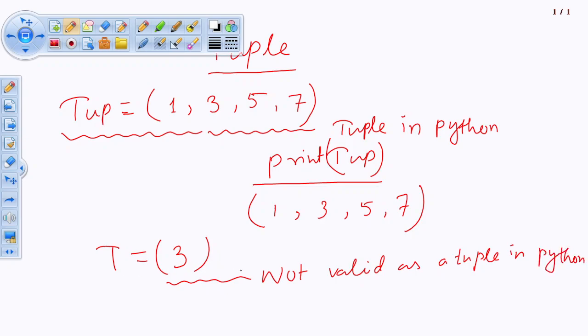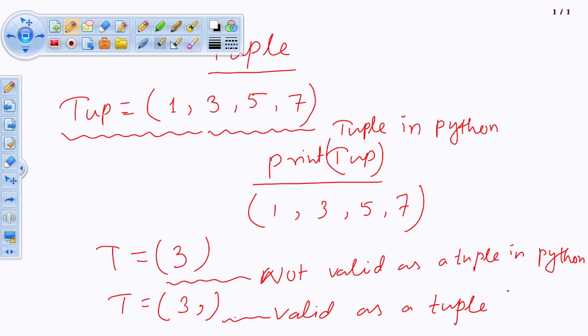But whenever I write t equals to 3, then a comma, just a comma, nothing written after this comma, this will be valid as a tuple in Python.